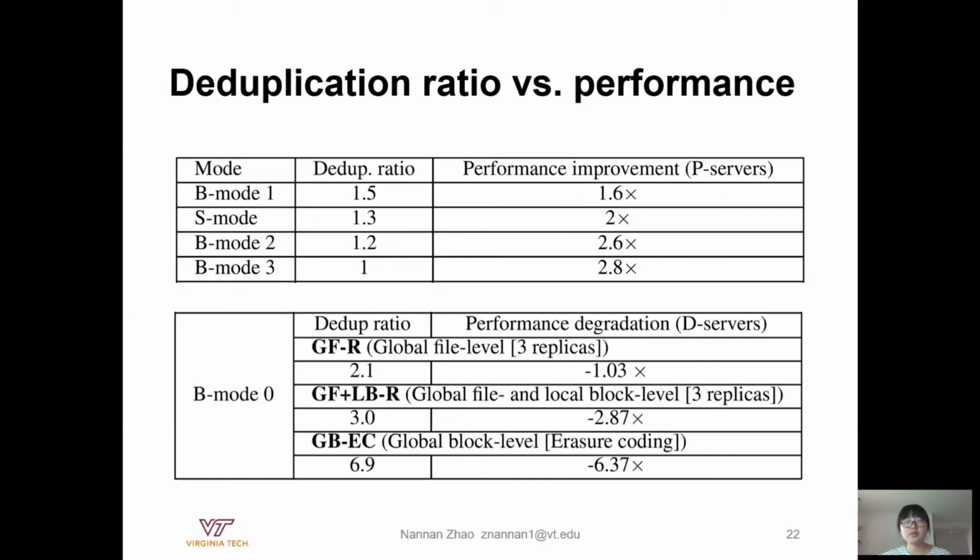For B mode 0, when global file level deduplication is used, the dedupe ratio increases to 2.1. When block level deduplication is used, the dedupe ratio increases to 3.0. Finally, the dedupe ratio increases to 6.9 if we use erasure coding instead of replication. However, we note that the performance decreases with the dedupe ratio.